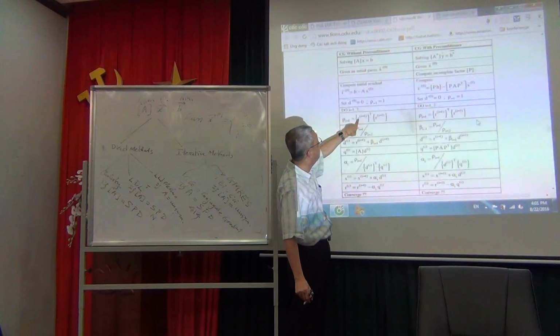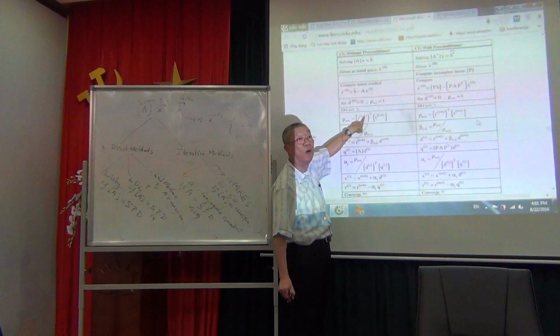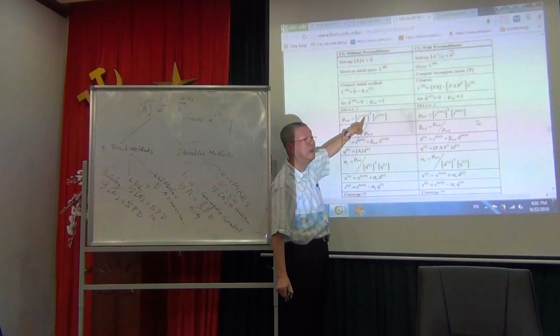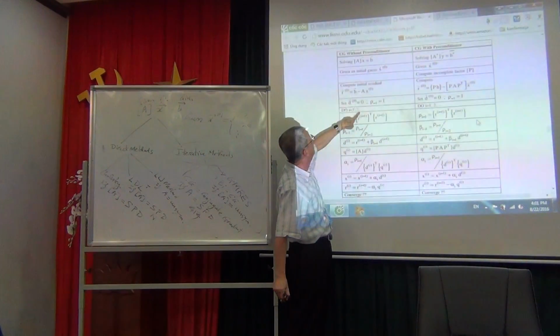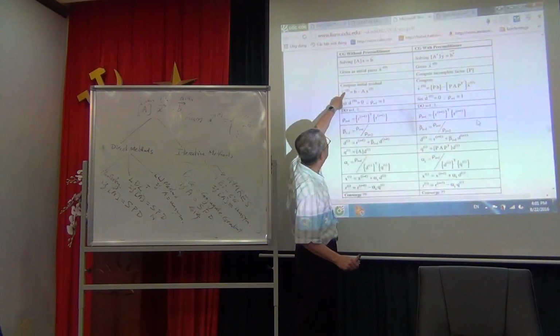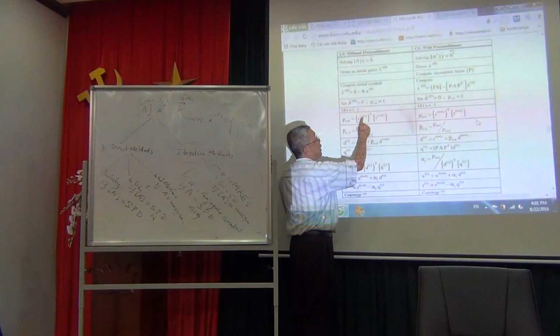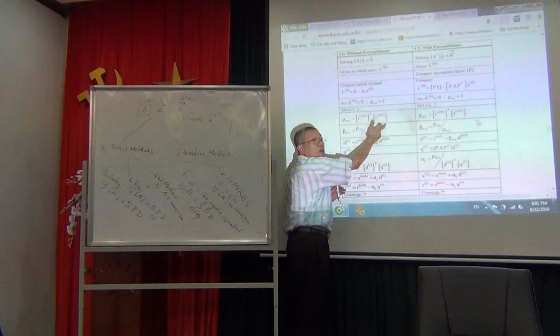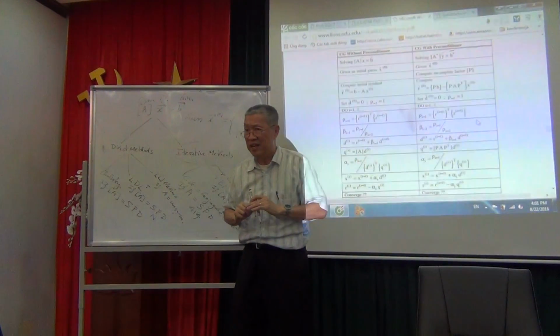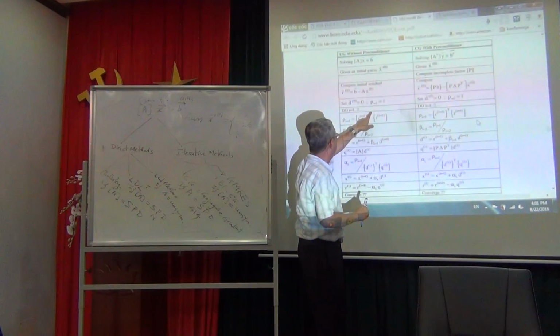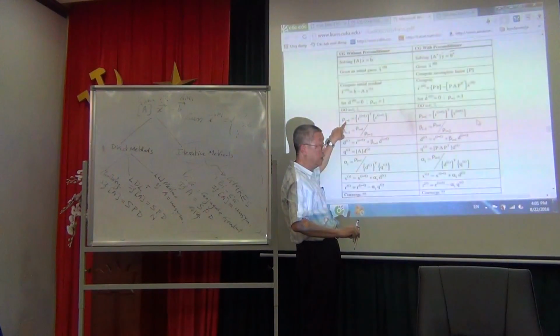When i equals 1, what is r? r0, which you already computed here. So this is just taking the dot product of the two vectors. So you will calculate this number.